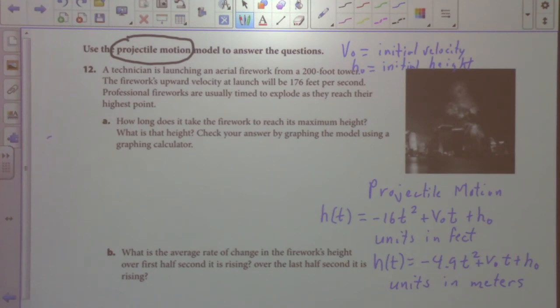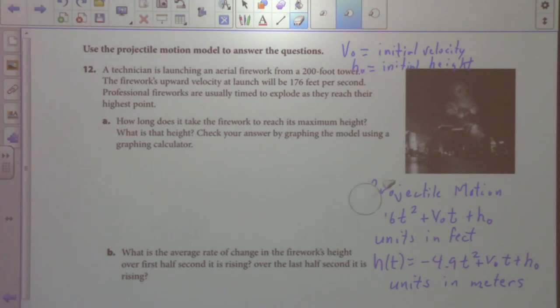So it's not going to be that great of a difference. So these hold pretty true. We could use these just about everywhere, and we're going to use these with most of these problems. I don't know if these all are in meters, but I'm going to erase these now. Any questions on these formulas?